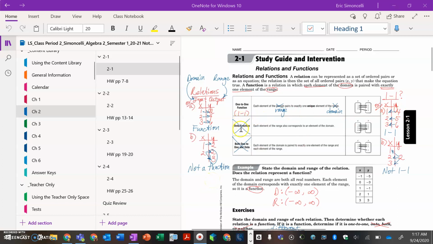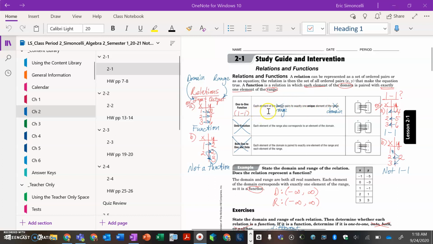Now, the other two, or three really, of these parts of the table, the last two of which are not something we're going to dig into at all. The idea of one-to-one functions, however, is something we're going to dig into. I changed some of the language here so that it makes more sense in the context of what we're going to describe.